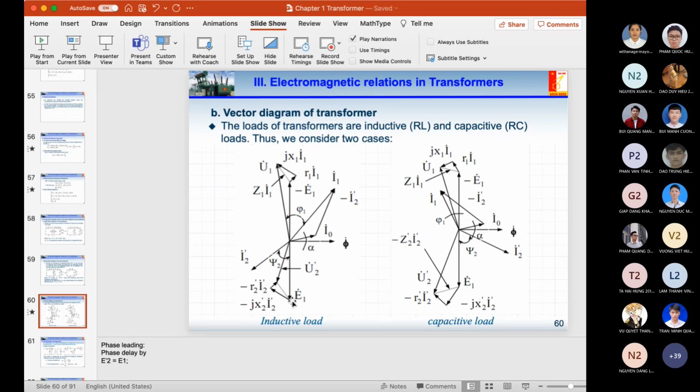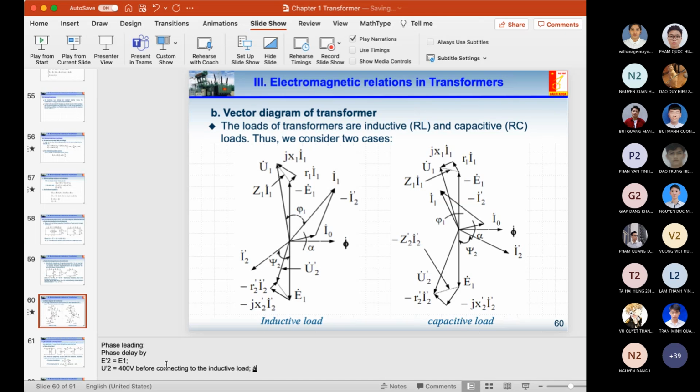Because of this type of load, the voltage is lower in comparison to the value before. Let me say again: for the beginning, U2 is, for example, equal to 400 volts, before connecting to the inductive load.